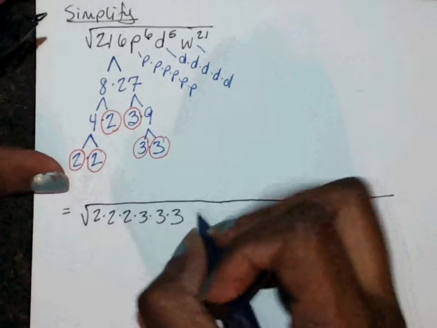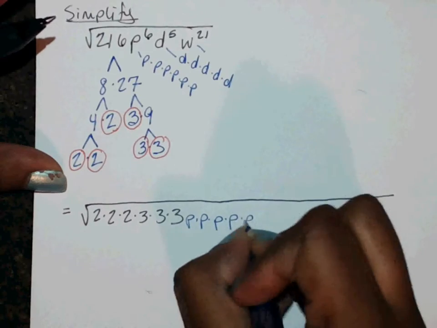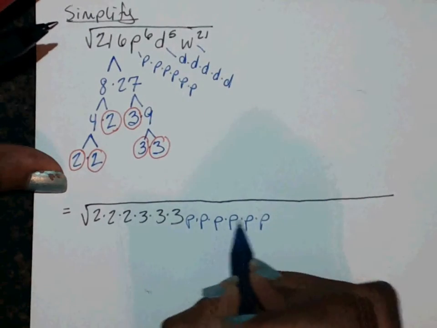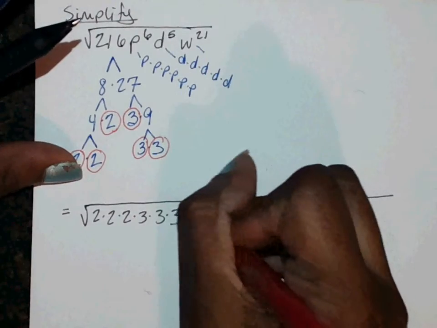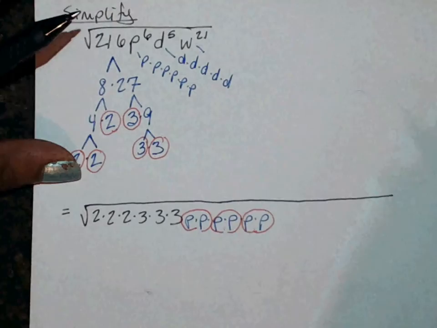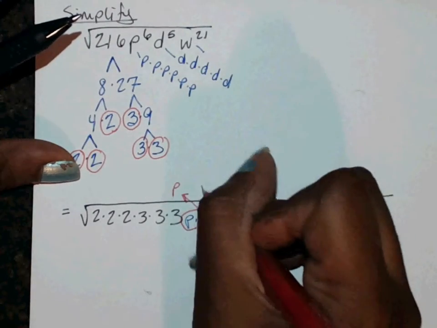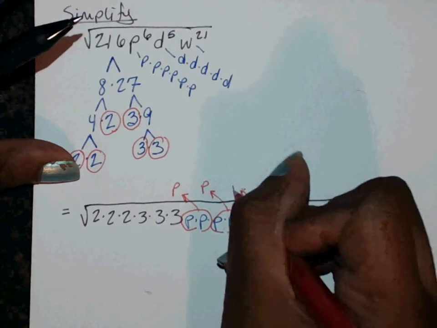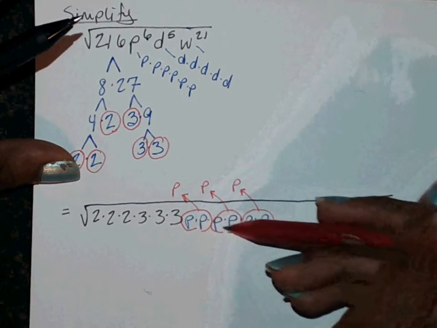If I was to write it down here, just so you can see what I'm talking about, 1, 2, 3, 4, 5, 6. I know that I have to circle groups of 2. So I'm going to figure out how many perfect groups of 2 I have, and they're going to come out as 1. So I have 3 groups of 2 p's.